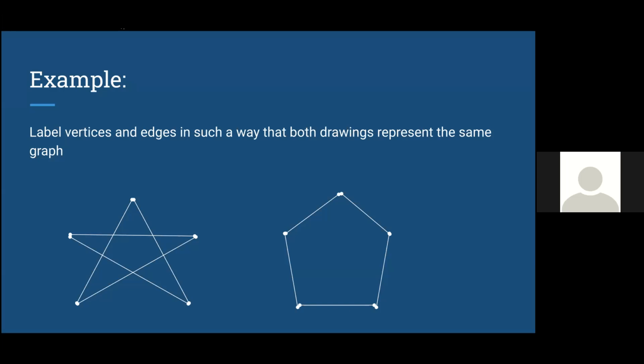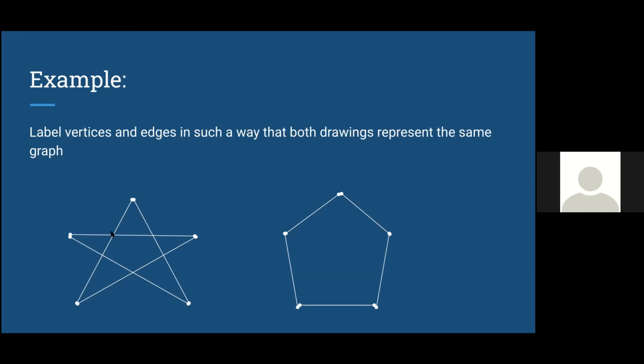Okay. Are you trying to say that you can create different graphs by using the same 5 points? Yes. So you will have some vertices, and they are going to be connected to other vertices in different ways. For this question, you want to make sure that for the graph on the left and the right, even though they look different, the edges have the same vertices.